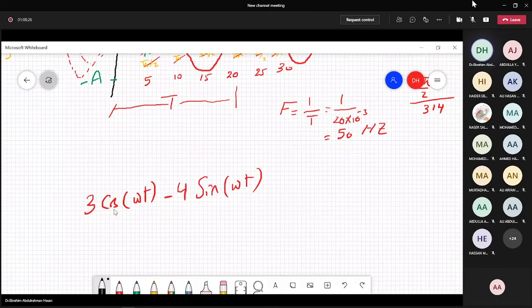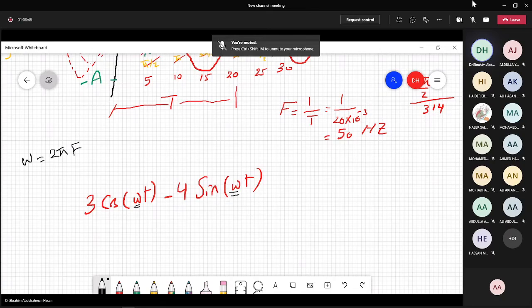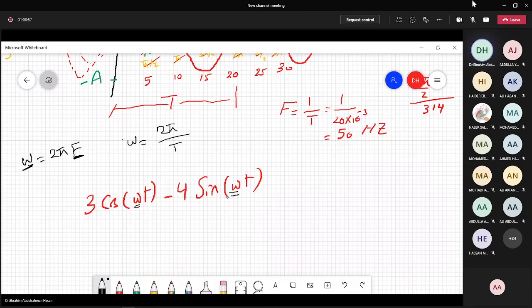Okay, if you add sine to sine, cosine to cosine, cosine to sine, always with the same frequency, meaning the same omega. We know from circuit 1 that omega equals 2 pi f. So same frequency means same omega, and omega equals 2 pi over T, so it is the same period, same T. Here 314, here 314.